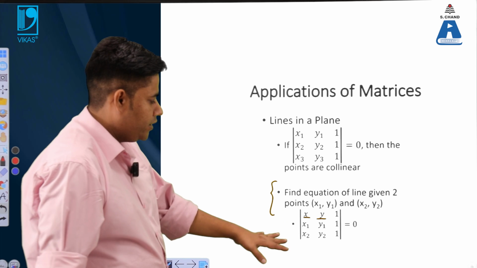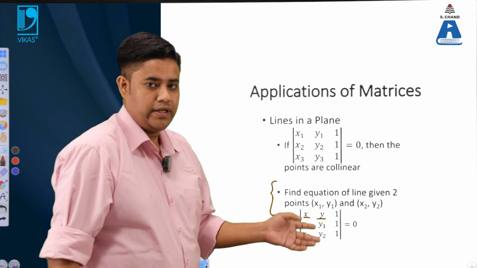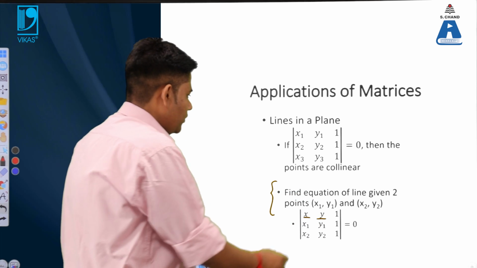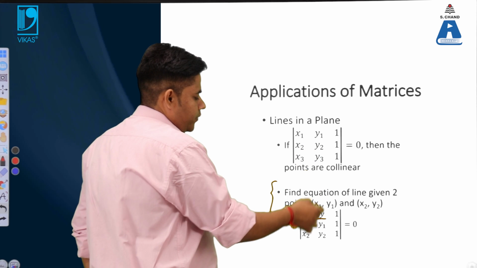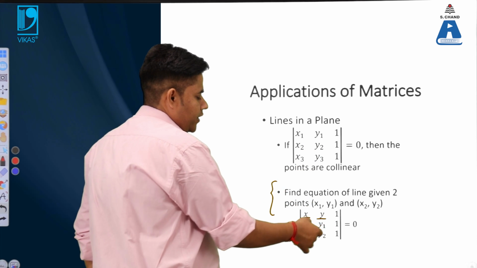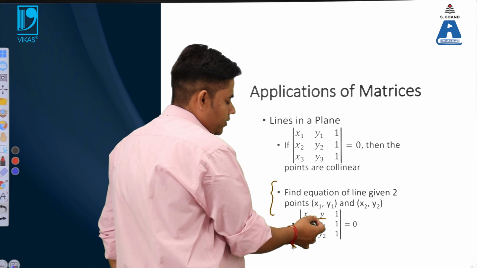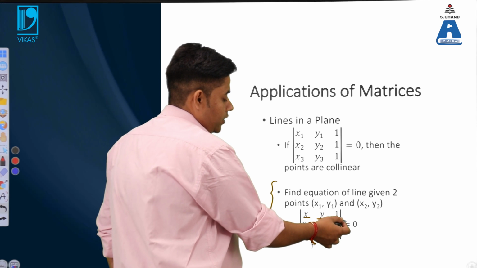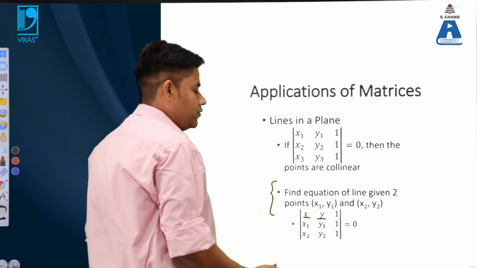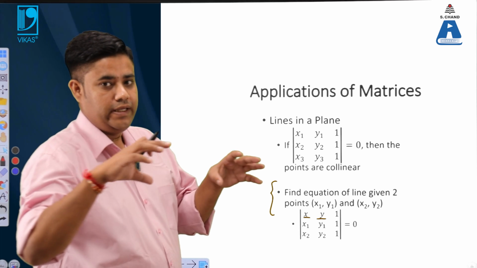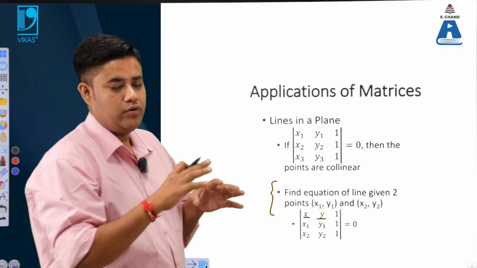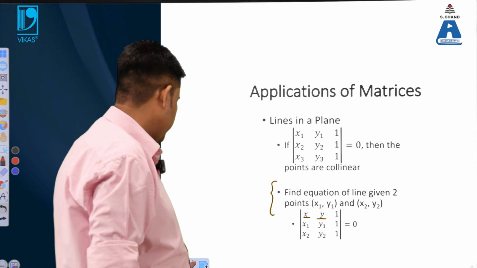And when we solve it in terms of x and y, we will get a particular equation. We have used the same set that we used to calculate the area for 3 points, and the third point is this x, y, and we have set this area equal to 0 because it lies on the same line, because we want to find out the equation of that particular line.